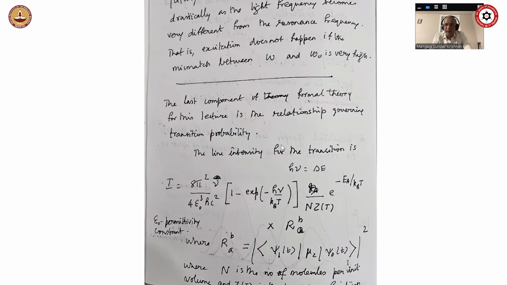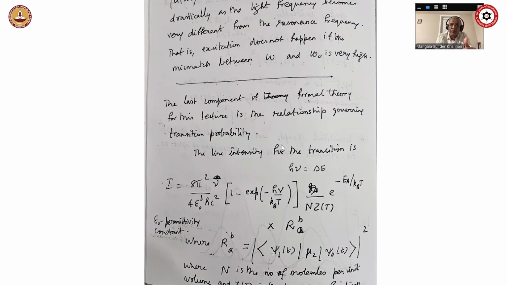And the second is that the intensity of the transition is proportional to the absolute square of the matrix element of the initial state, psi naught t, connected by the dipole moment mu to the final state.